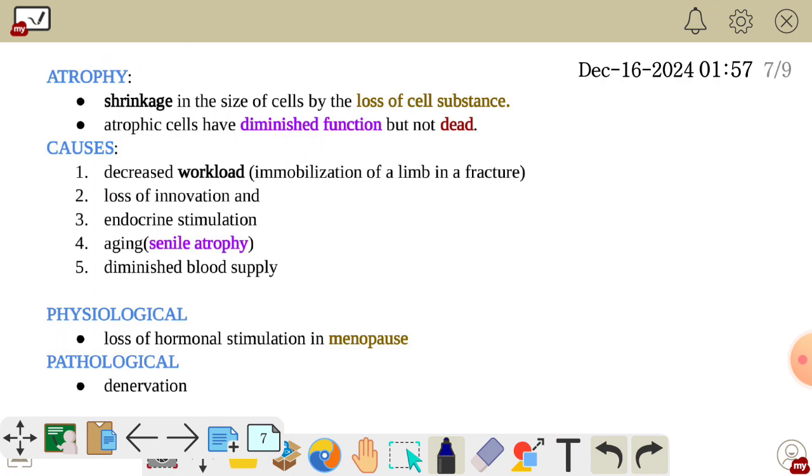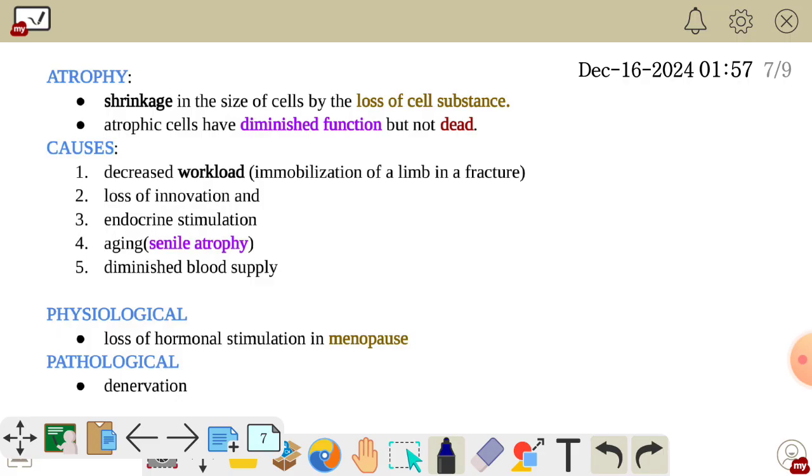But a good example is seen in immobilization of a limb in a fracture. When someone has a fracture, the limb will be immobilized. Once it is immobilized, there will be decreased workload in that limb.